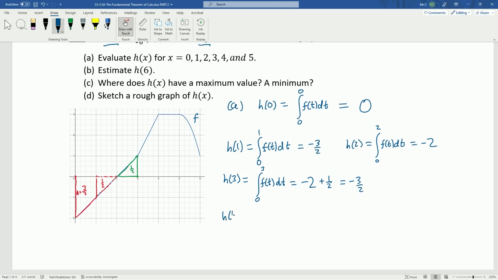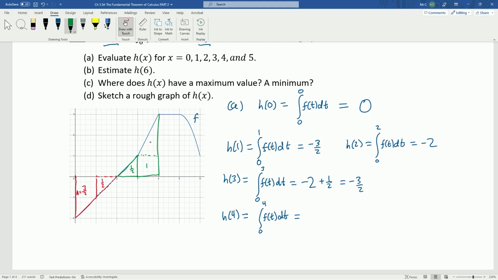Okay, how about h of 4? It's the integral from 0 to 4 of f of t dt. So let's take a look here. I've got the area of this little square, that's just 1, and then we've got this triangle with width 1, height 2.